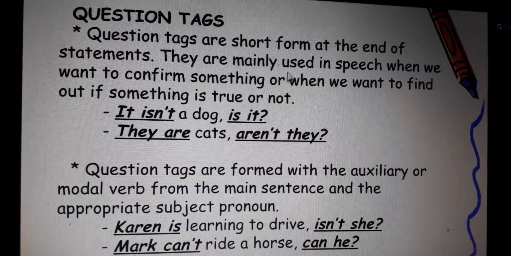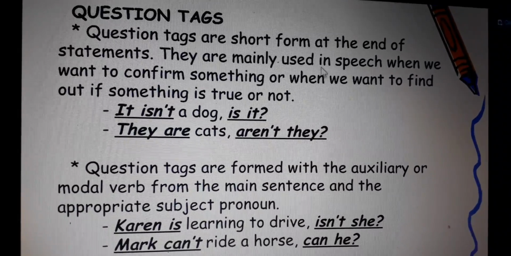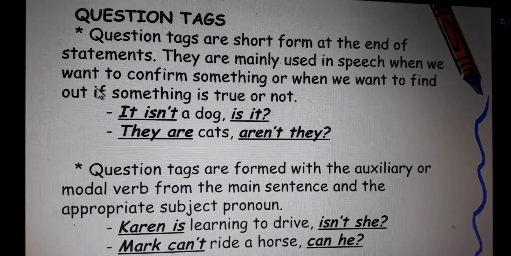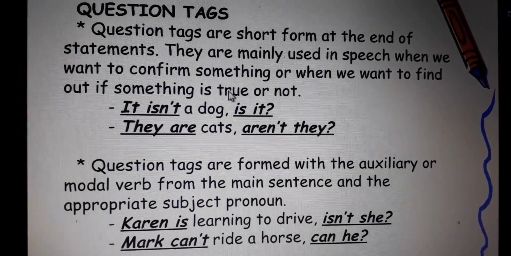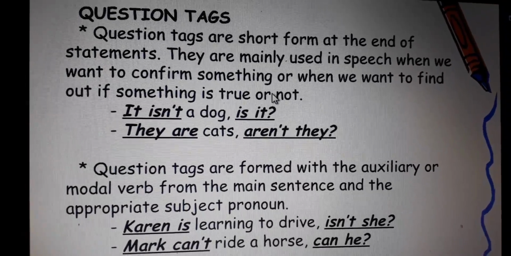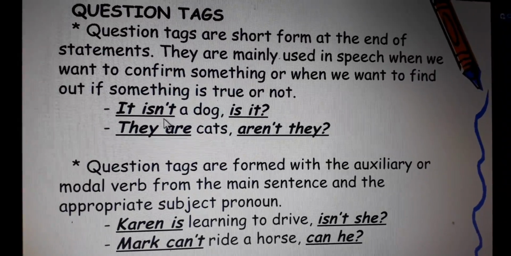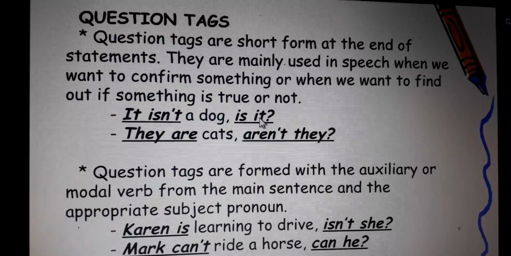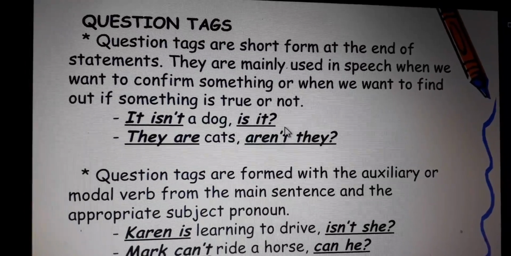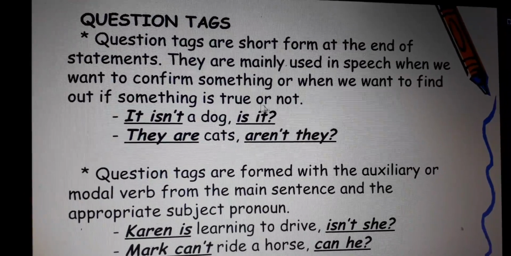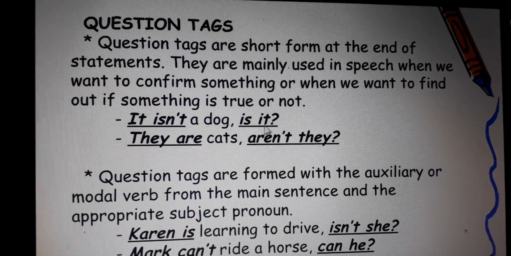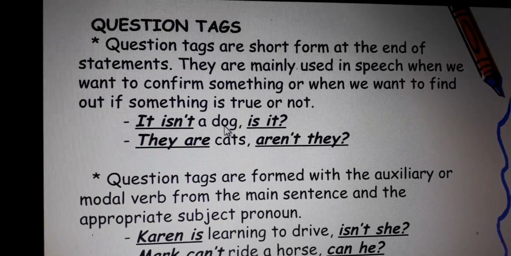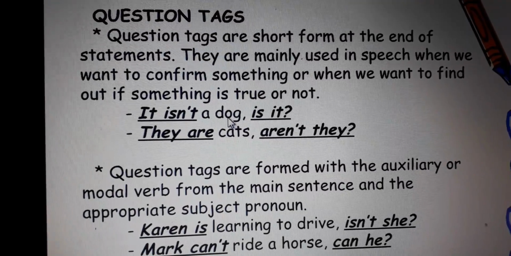They are mainly used in speech when we want to confirm something or when we want to find out if something is true or not. Let's take an example. It is not a dog, is it? With a question mark. This is a question tag. This question tag is confirming whether this statement is true or false.